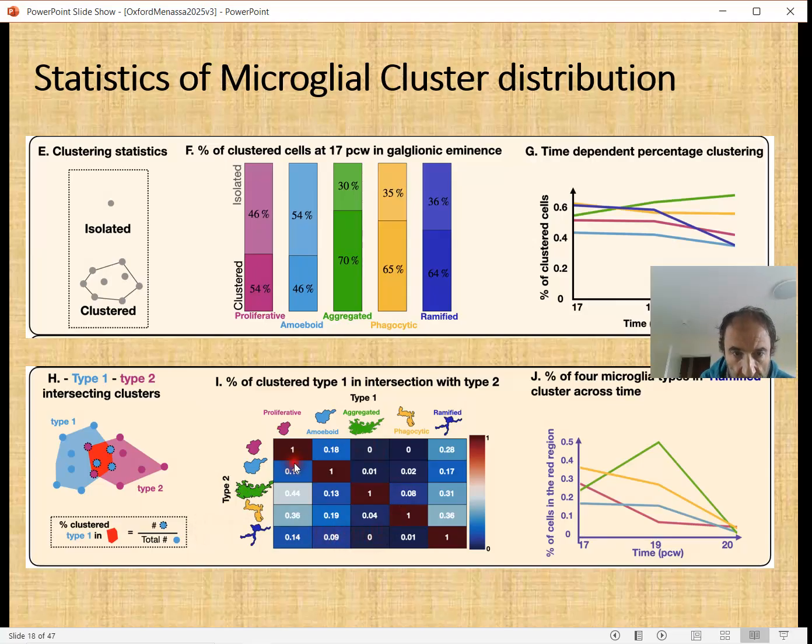Again, you can see here, for example, the high numbers are associated with the phagocytic type. And again, when we looked at these other 4 microglia with respect to ramified, you get this type of evolution with time.